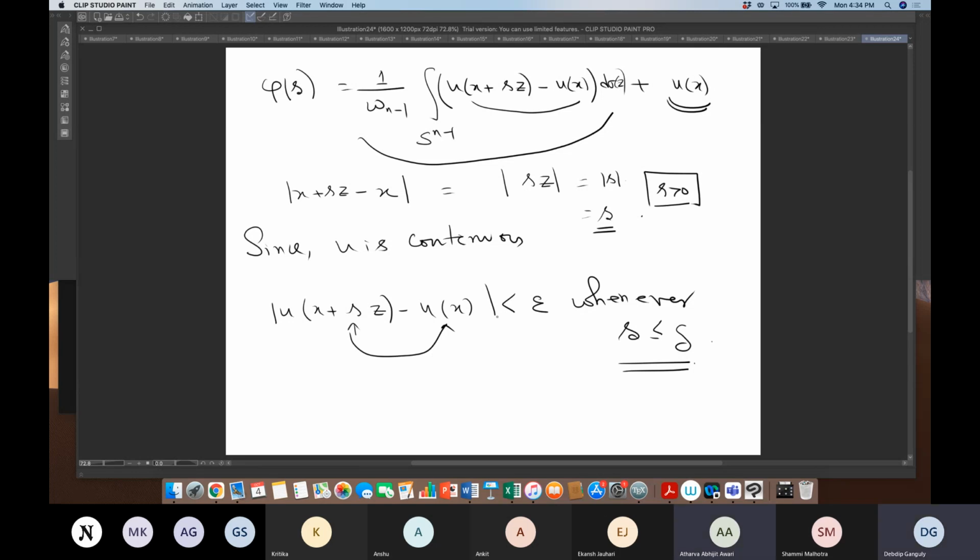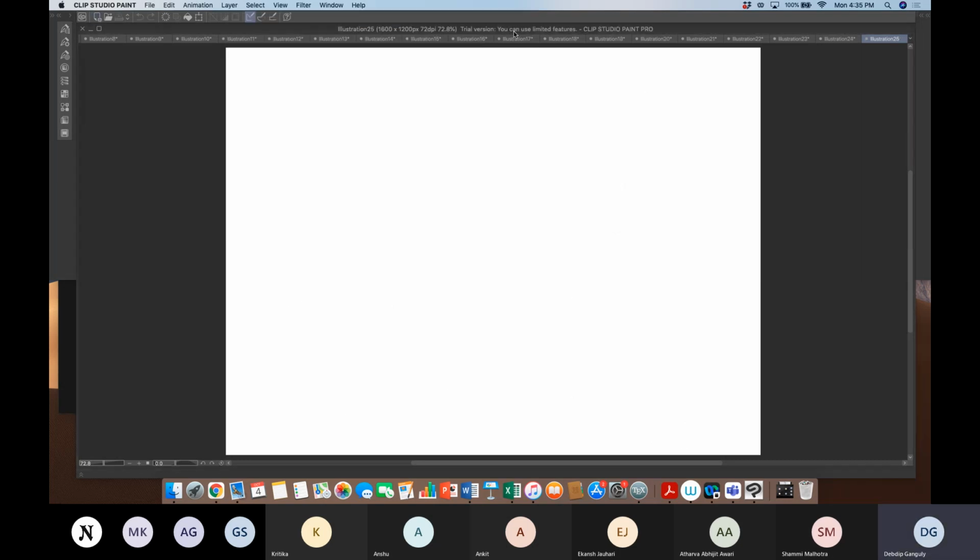Yes. Okay. So now I use this. You choose an epsilon, for any epsilon. This integral over w by n minus 1 S^(n-1) of u of x plus sz minus u of x, d sigma z, modulus is less than epsilon whenever s is less than delta. So what we have?